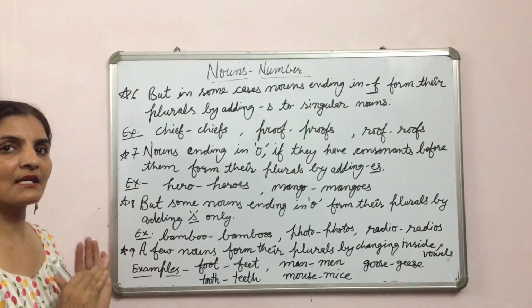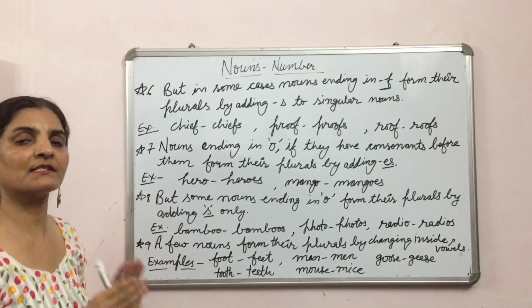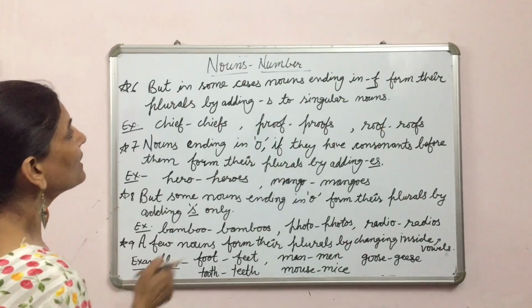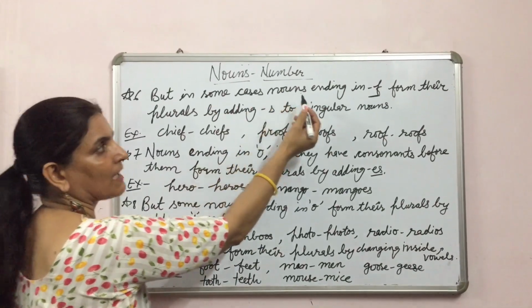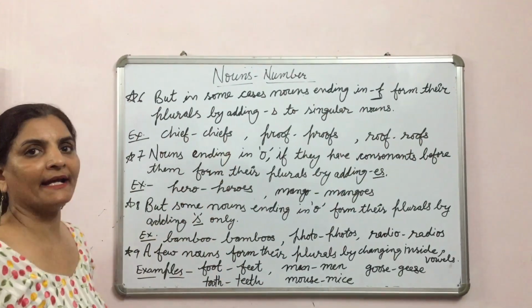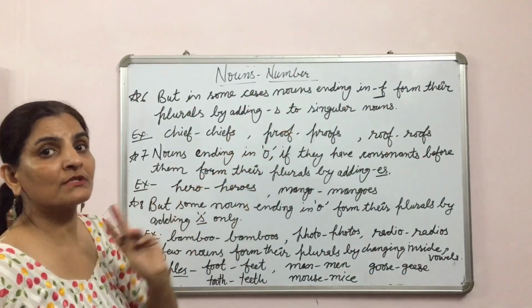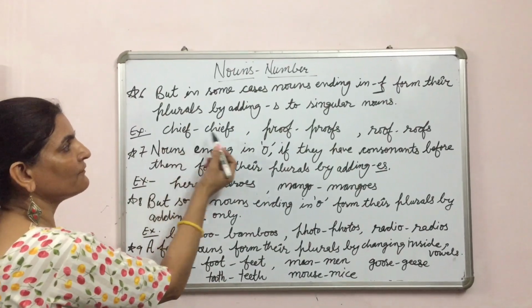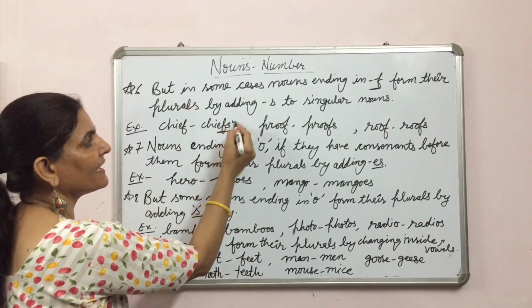Let us discuss some more rules of changing singular nouns into plural nouns. Look at the board. In some cases, nouns ending in F form their plurals by adding S to the singular noun. For example, chief, chiefs, only S is there.